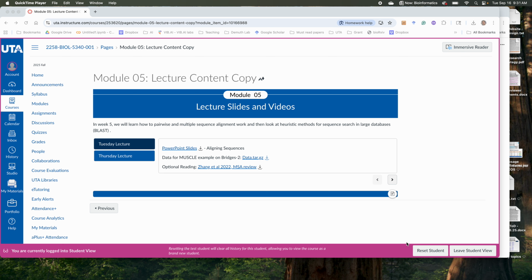This is the stuff you'll need for today. You don't necessarily have to download the optional reading right now. I'll highlight that in the lecture notes later. And I'm hoping we get to the tutorial.